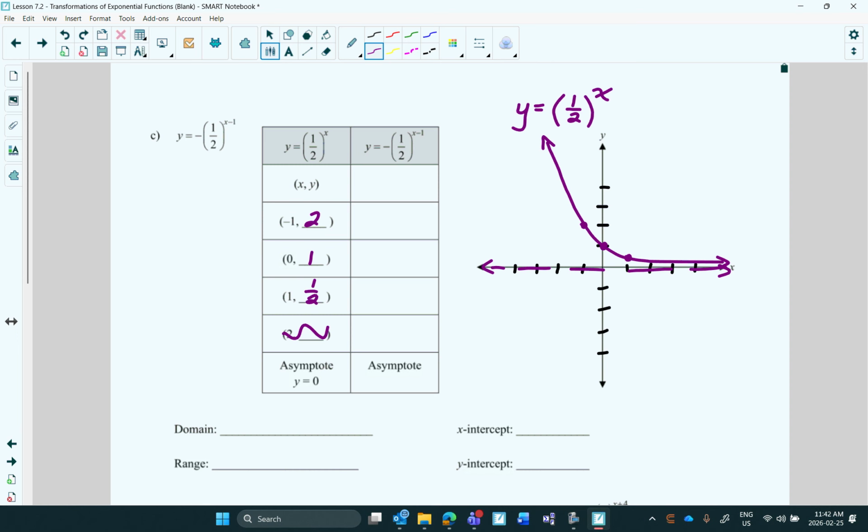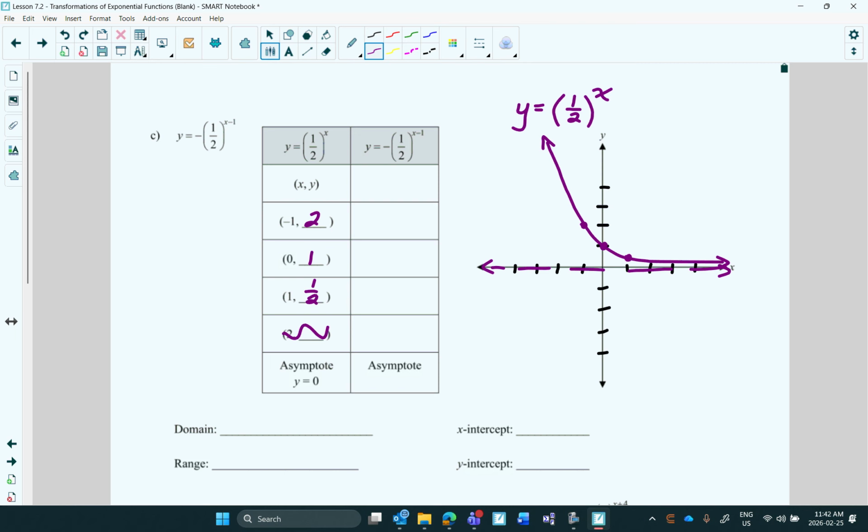Now this one, maybe mapping notation helps. Because we're doing a couple of things here, aren't we? We're flipping over the y-axis, x-axis, pardon me, vertical flip, and what? Shifting to the right one. Okay? So, I mean, you could do it with the points if you wanted to.